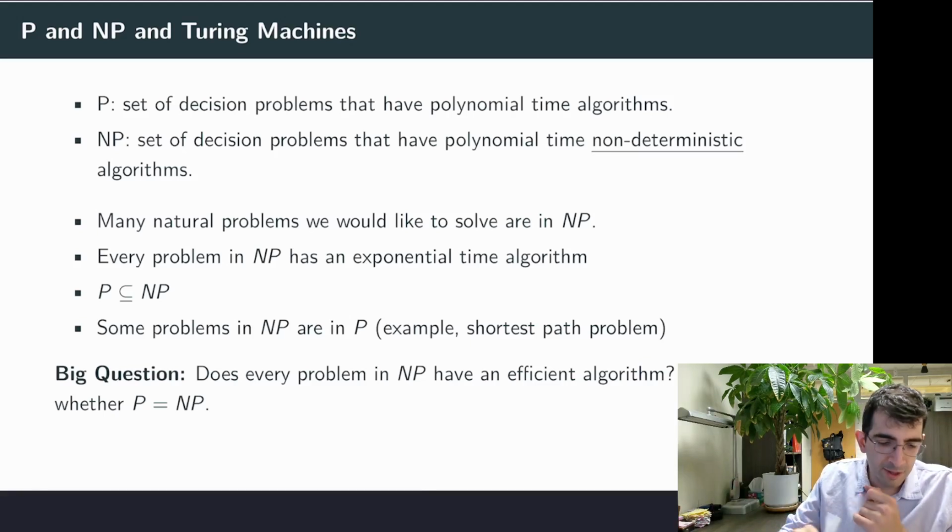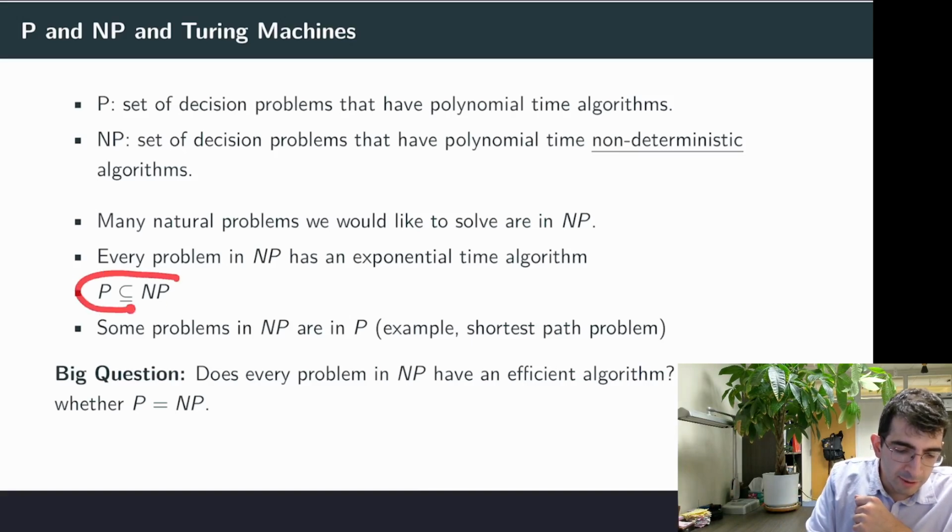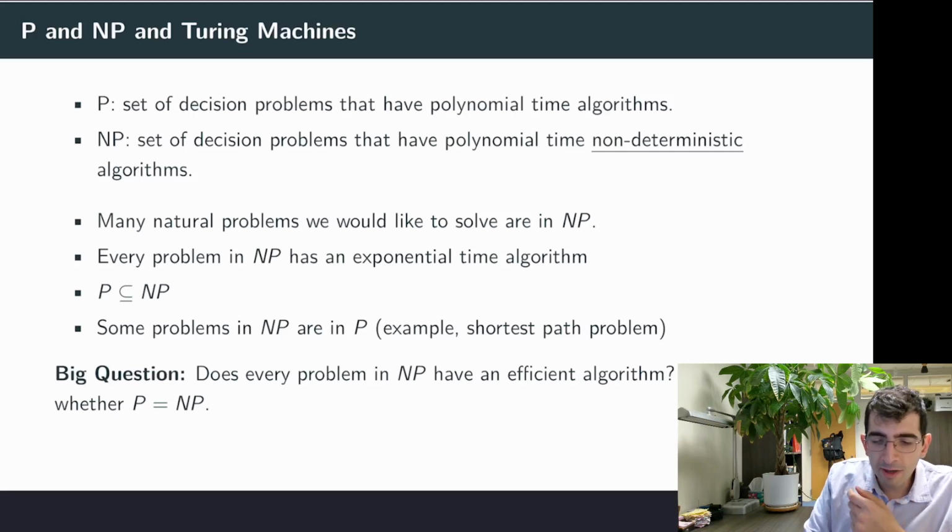Okay, and speaking of that, we know that P is a subset of NP, and we know that because any problem that a deterministic Turing machine can solve, a non-deterministic Turing machine can solve in polynomial time using literally the exact same algorithm, right?